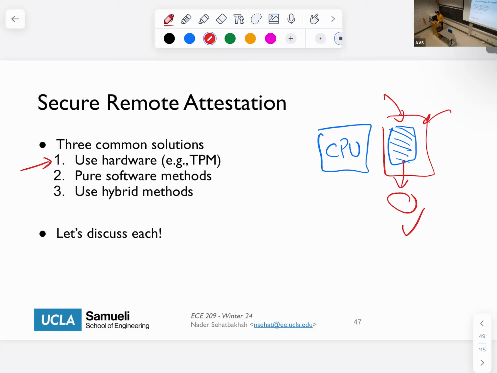But for now, we're going to talk about these other two methods, where let's say I don't have a dedicated hardware engine for computing the attestation. Can I still do something with the existing systems? Or maybe I can add a tiny bit of hardware here, not as big as this, but maybe a few small modules.